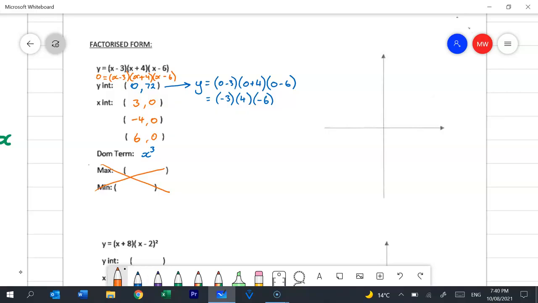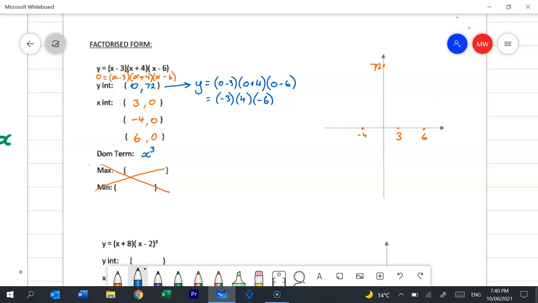So we've got an x-intercept at -4, got another one at -3, and we've got +3, and we've got another one at 6, and we've got a y-intercept way up here at 72.